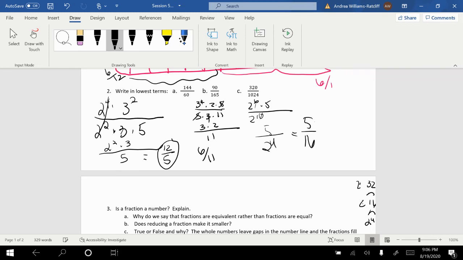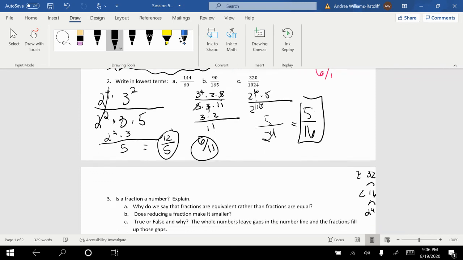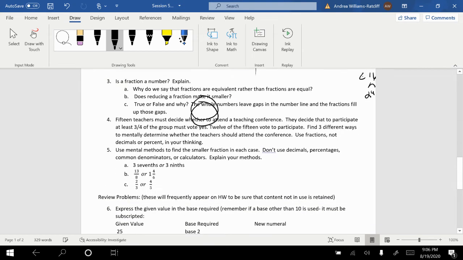If we wanted to check that, we could think about 320 divided by 5, which would be 64. And then 64 times 16 should produce 1,024. But it is a good way to get the idea of why we simplify, what we mean by lowest terms, taking out common factors.